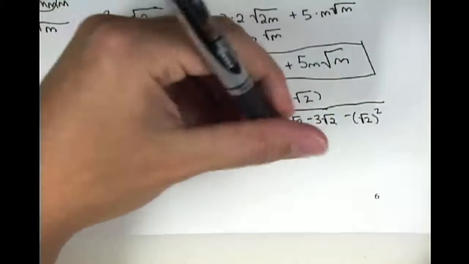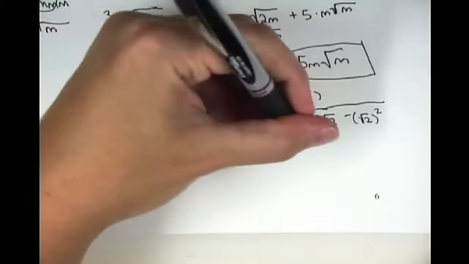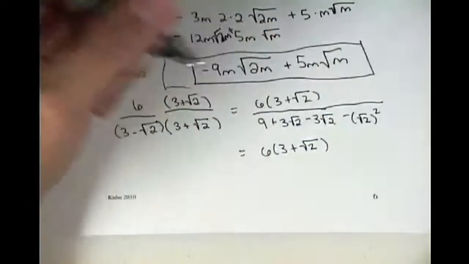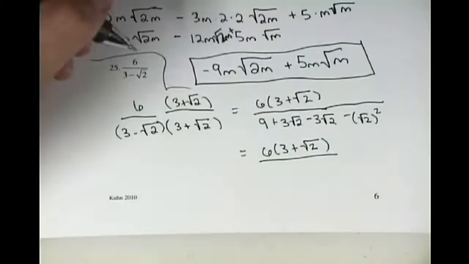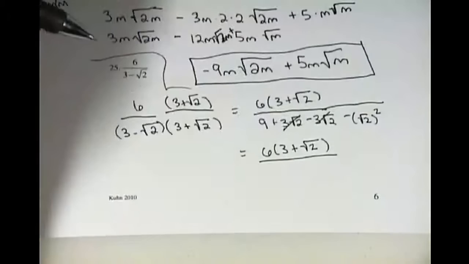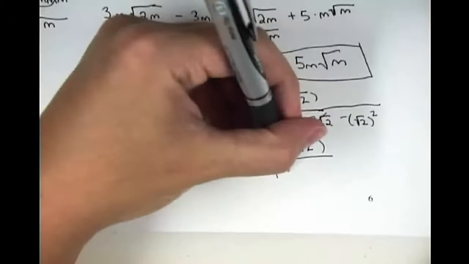Working on the top still, you can distribute the 6. This book is leaving it on the outside the whole time for some reason. I don't know why. Whatever. We'll do the same. On the bottom, your inside pieces are going to cancel. So we have 9. We have a minus sign.